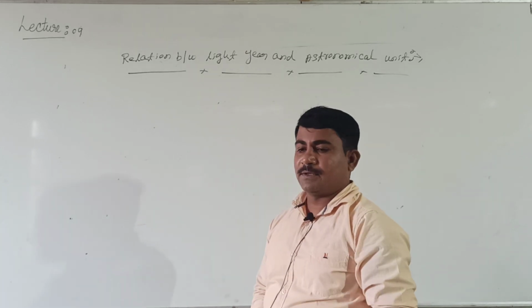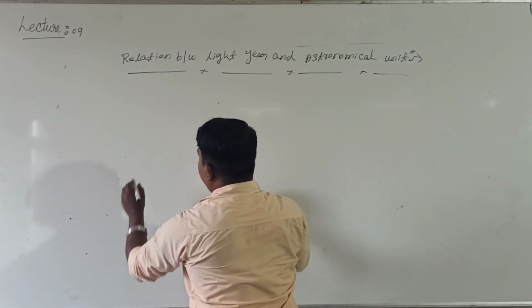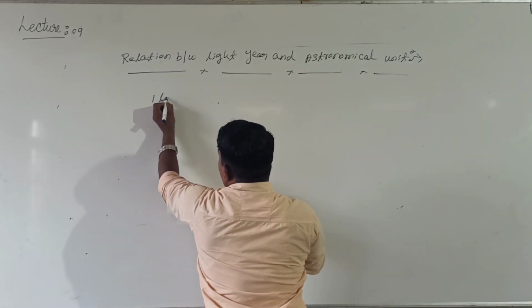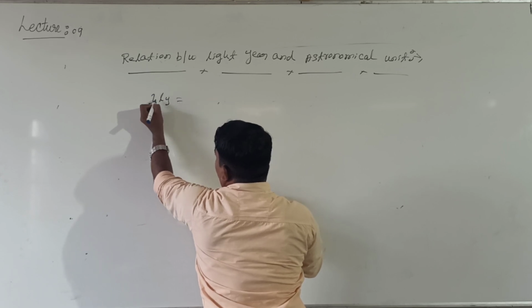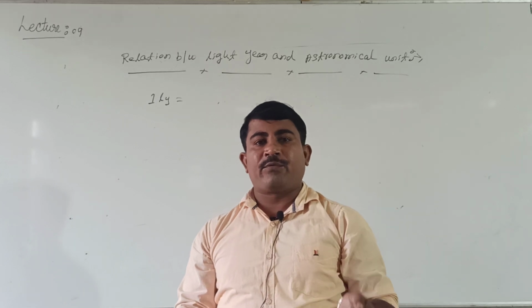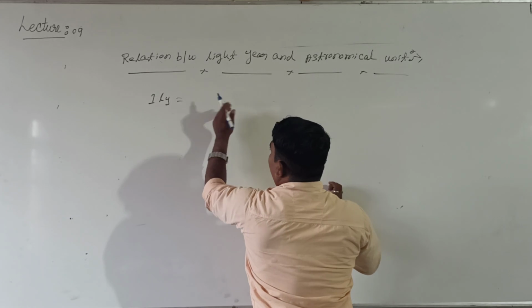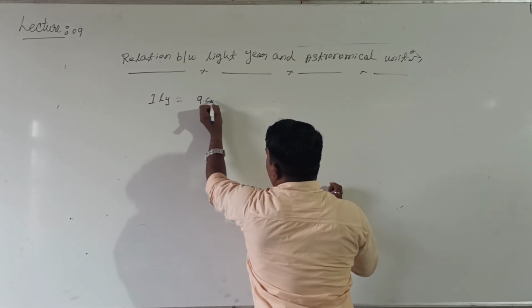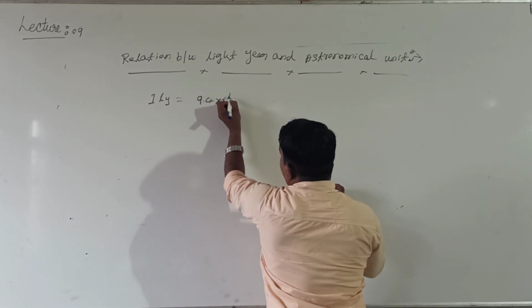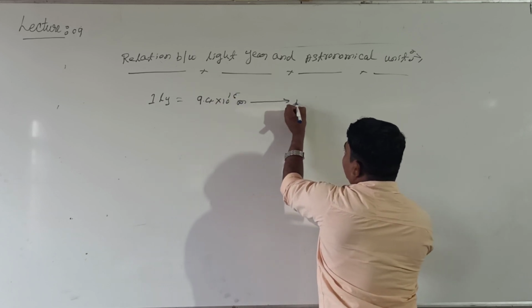Students, we know that one light year equals 9.4 into 10 raised to 15 meter. Let us call it equation number 1.